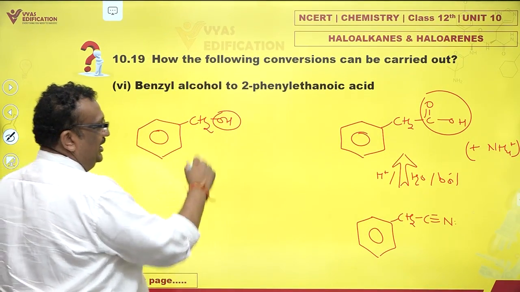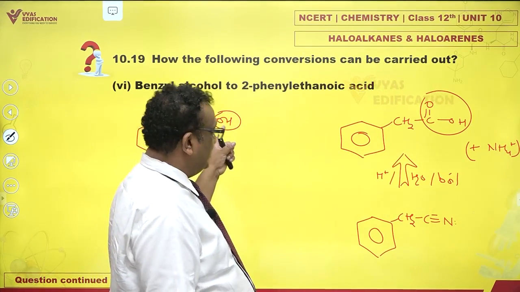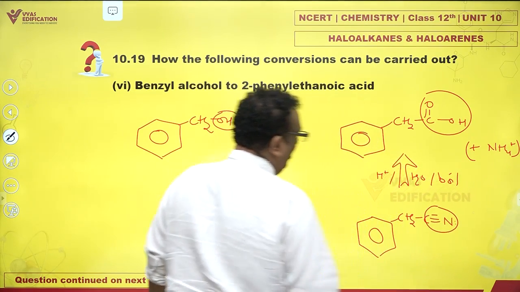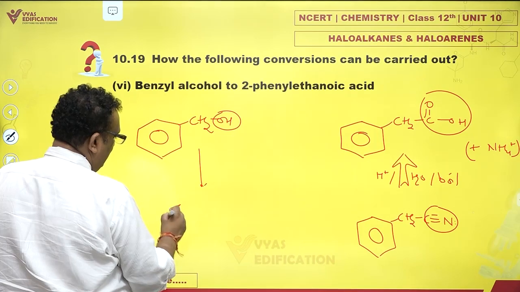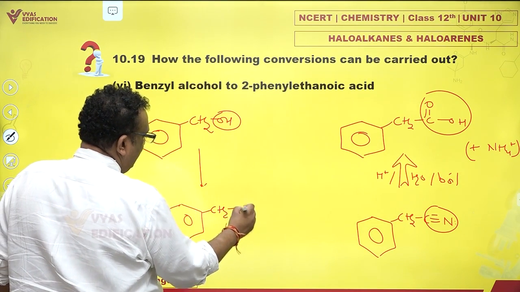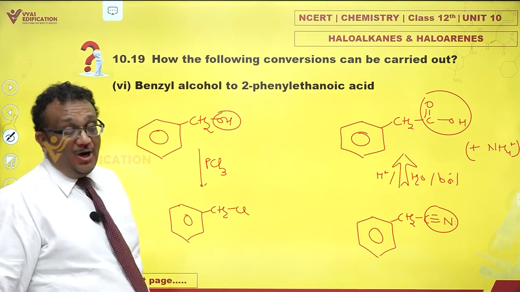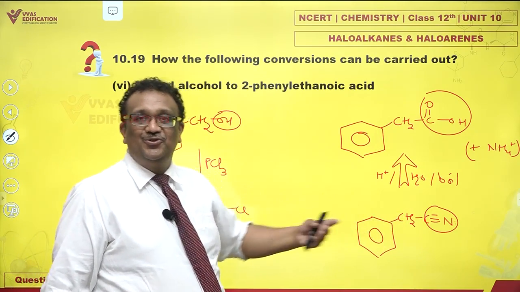Now OH, instead of changing it to COOH, now my job is limited to changing OH to CN. Now OH is not a group which is very easily removed, but I could actually change this to chloride by simple PCl3. Wow, yes. I have this, and chloride has to be changed to cyanide, my dear.